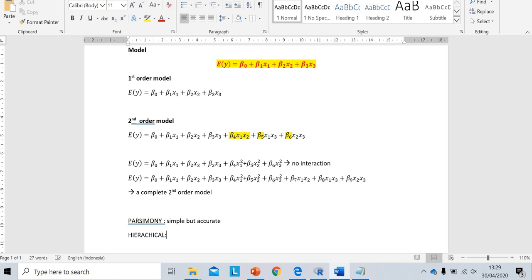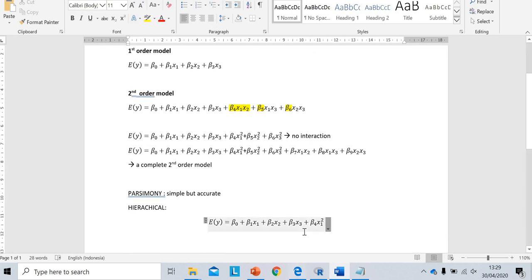The hierarchical principle is that once you put in the higher order term, the lower order term should be included no matter what. So you can't have a model with just beta naught, beta 2 x2, beta 3 x3, and x1 squared.